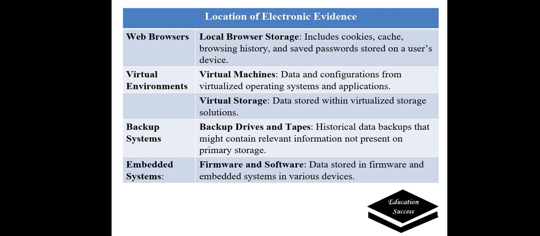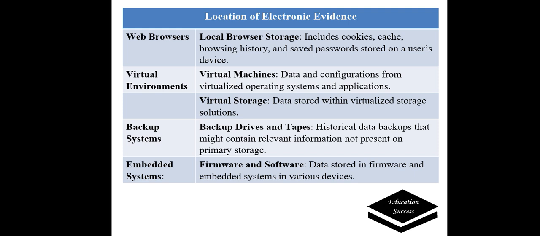Next location is web browsers. Local web storage includes cookies, cache, browsing history, and saved passwords stored on a user's device. Next is virtual environments. It includes data and configuration from virtualized operating systems and applications. It has virtual storage, that is data stored within virtualized storage solutions.